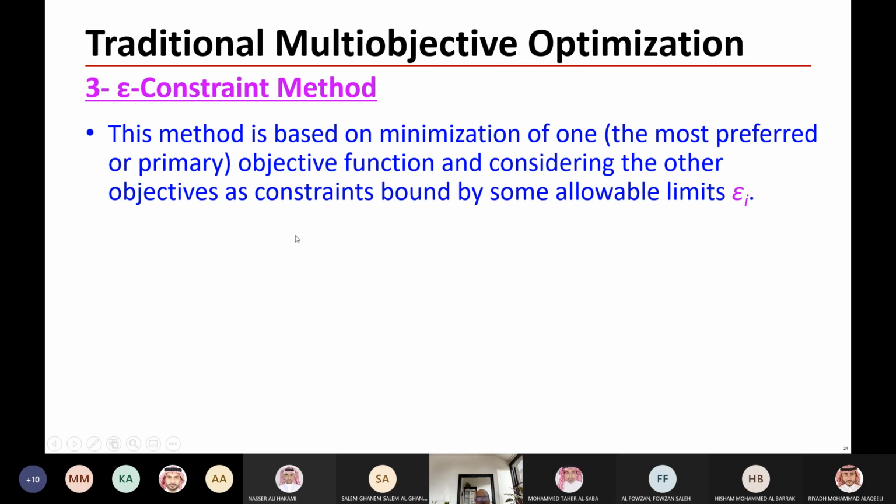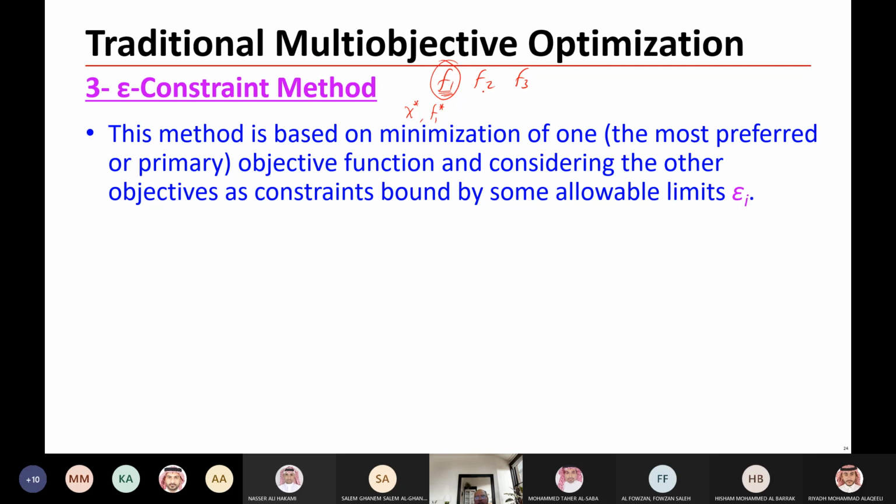So as we mentioned earlier, for example, you have F1, F2, and F3. If you optimize F1 only, you have a solution, and you know what the minimum value of F1 is.